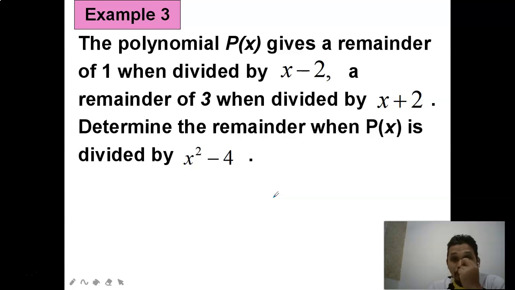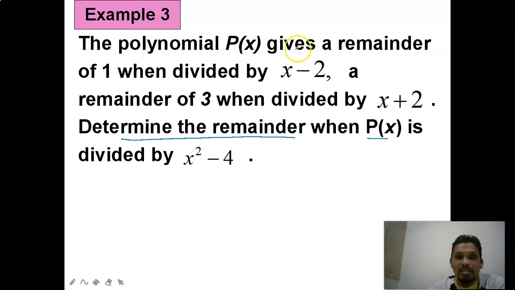Now, the polynomial p(x) gives a remainder of 1 when divided by x minus 2 and a remainder of 3 when divided by x plus 2. Determine the remainder when p(x) is divided by x squared minus 4. Let's look at the first definition here.